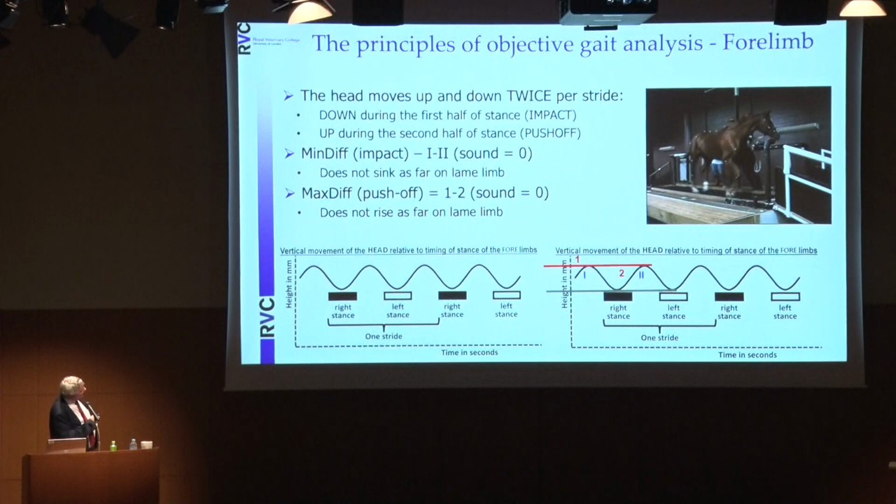For the push-off phase of the stride, that is comparing the maximum height. This is known as the max diff, and if they are equal, then the horse is sound. But the ones that are lame in the push-off phase, the maximum will be lower than on the sound leg.